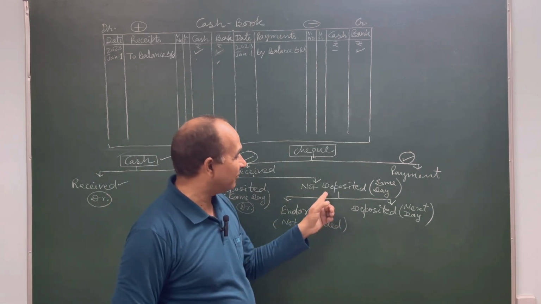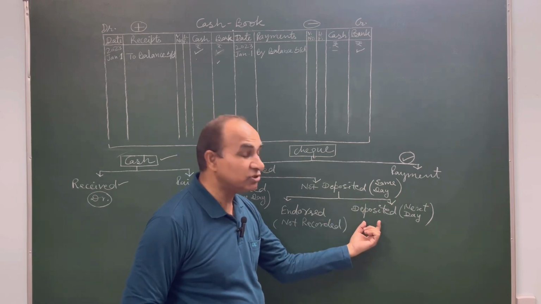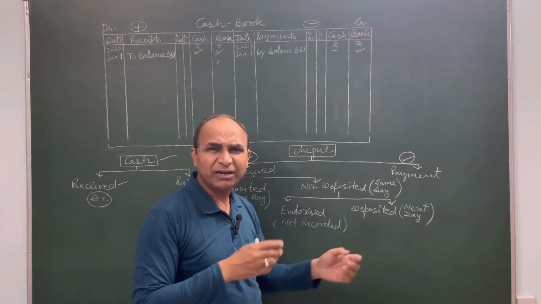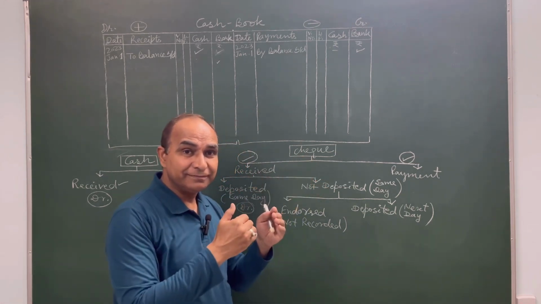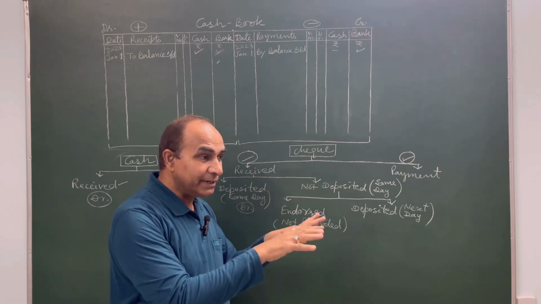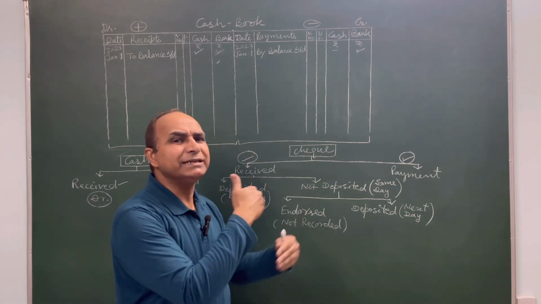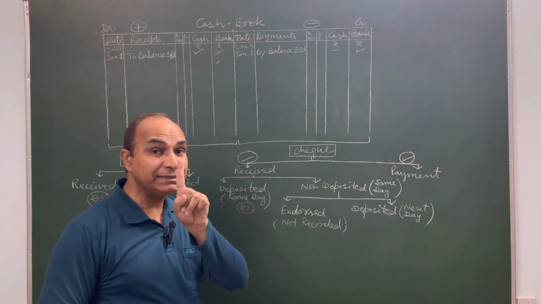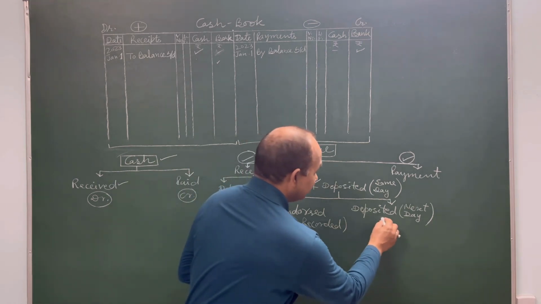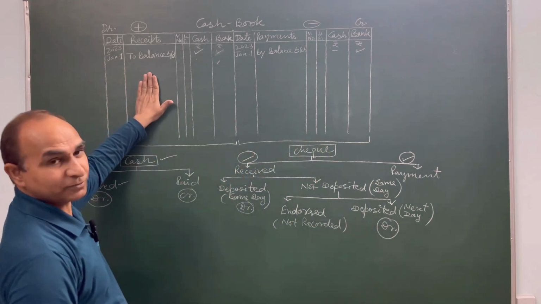The second case is when a check is received and deposited into the bank the next day or after 2-3 days. It means we received a check on that day and retained it in our office, but the next day or after 2-3 days we deposited it into the bank. In that case, that increases our bank balance, and this will be recorded on the debit side of the cash book.